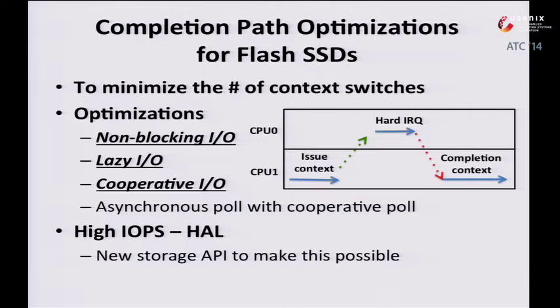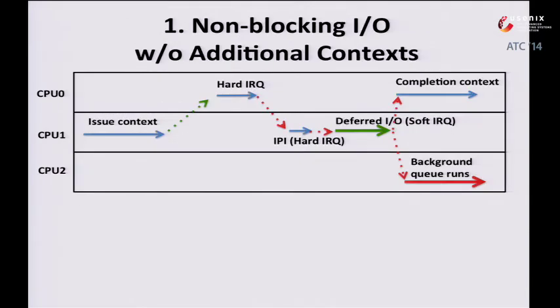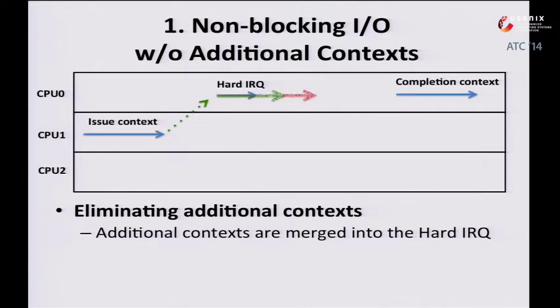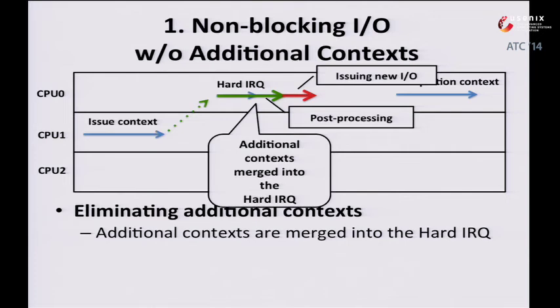For the first optimization, the first thing we did was eliminate the additional contexts, such as the background queue runs and the deferred I/O processing context, the software IRQ handler, and the IPI. The relevant I/O processing tasks were relocated to the hardware interrupt, and this was possible because all I/O operations were implemented in a non-blocking manner.